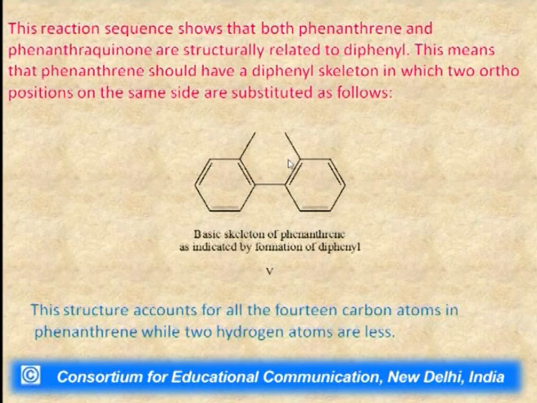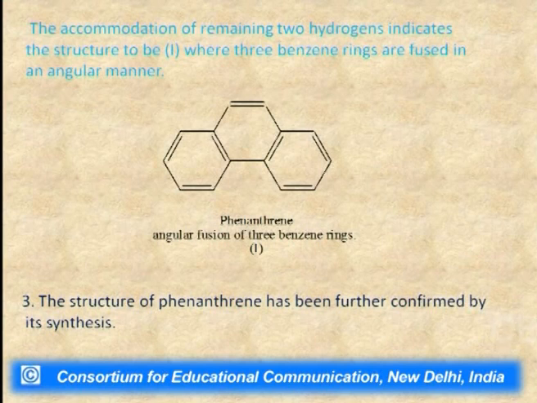Now if we compare this with the molecular formula, we will be left with two hydrogens only. To compensate these two hydrogens, we can draw this structure in which these two hydrogens have been compensated. So for phenanthrene, we can draw this structure in which this ring is angular to the first two rings, and this structure of phenanthrene is further confirmed by its synthesis.